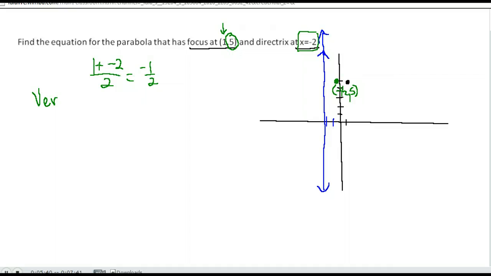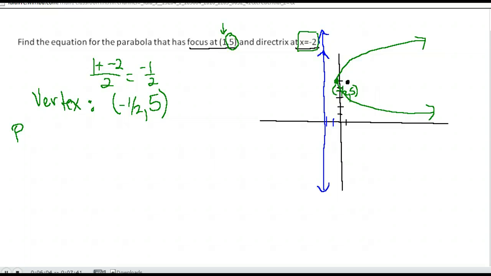All right, so in order to write the equation, we have to know 2 things. We have to know the vertex, which we just found out was at (-1/2, 5). And we also have to know the value of p, which is the distance from the vertex to the focus point. Now this parabola is going to open to the right because the vertex goes from there, it opens towards the focus point.